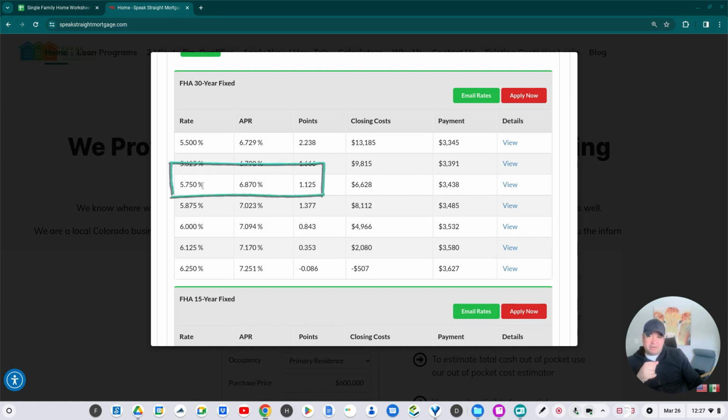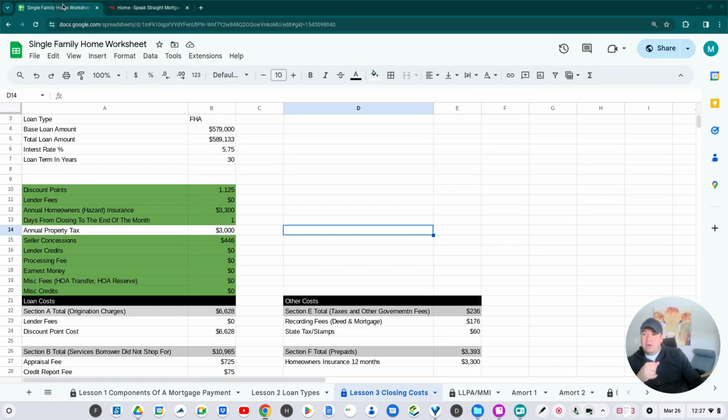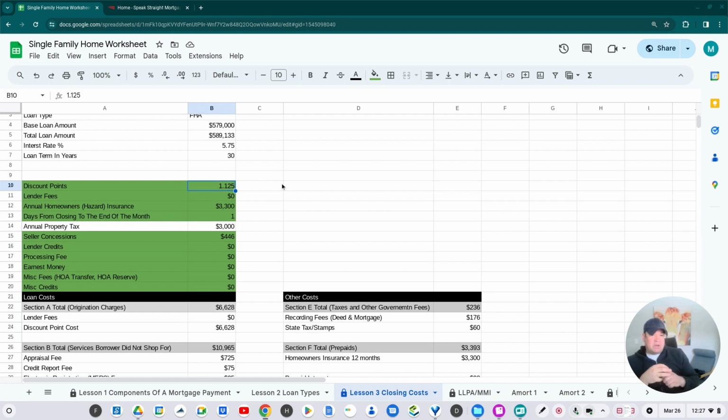So we take 5.75, we look at the points, which is 1.125. We go back to discount points and we enter 1.125 here. I've already done it, but you'd enter that here. One discount point is 1% of the loan amount.